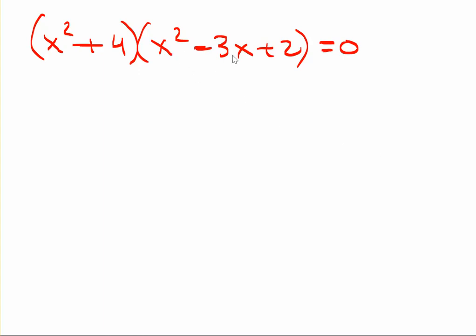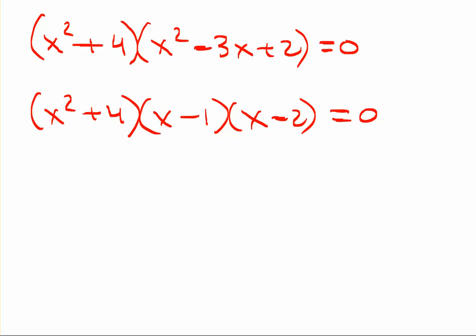Can I break down this one some more? I need two numbers that multiply to 2 and add to negative 3. I think so, is that right? X minus 1 and x minus 2. Awesome, okay, so give me the remaining zeros. One of them I know to be 2i, a 1 and a 2. And the only thing we should know, because we were only given a positive 2i as an answer, right? The other one's that one, negative 2i. We knew that from the beginning just because we knew that positive 2i was also a zero.